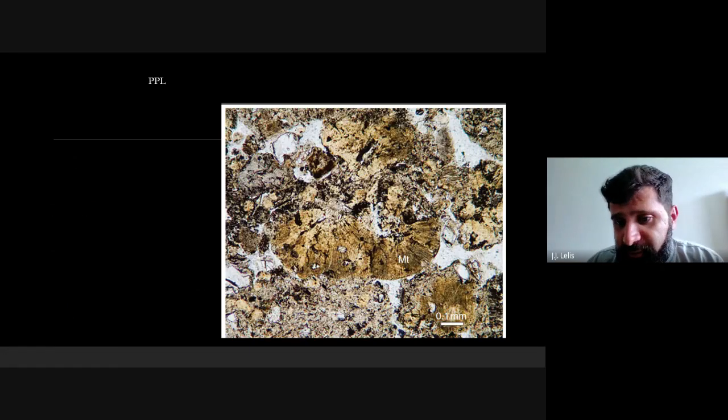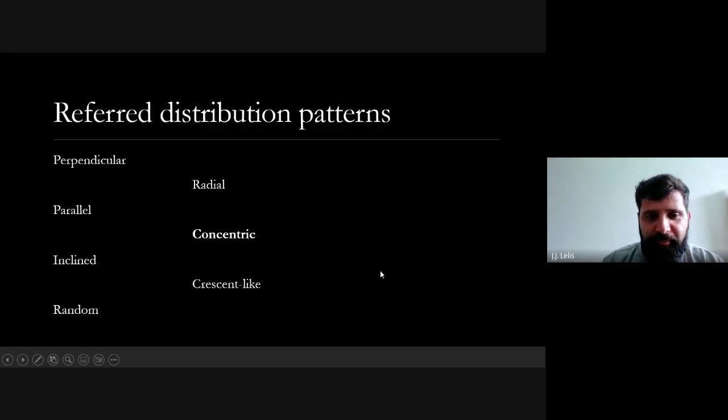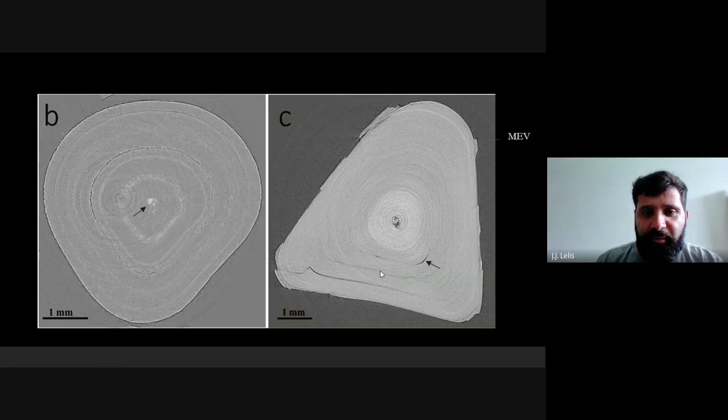We also can see this radial distribution of these materials. That is a fan-like distribution. We also can see these concentric distributions, like in this picture. We can easily see a concentric distribution forming these nodules.